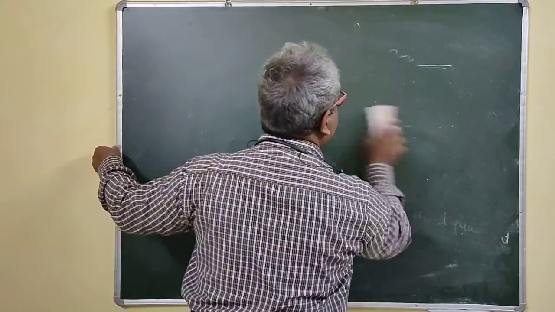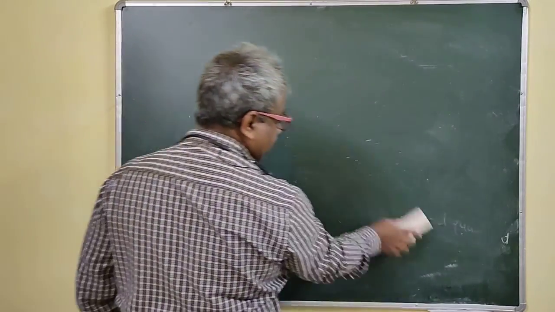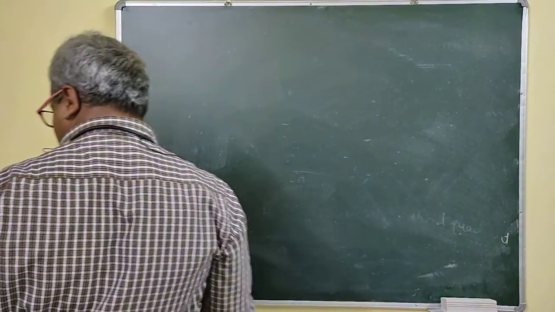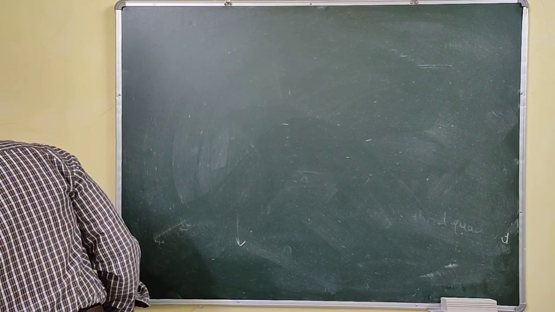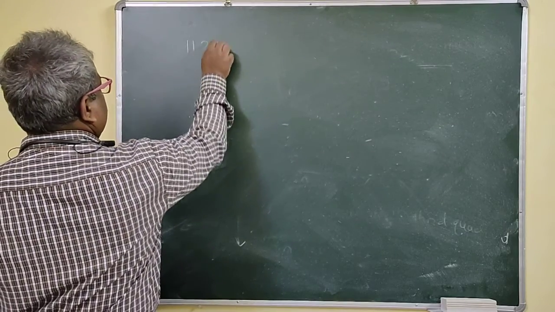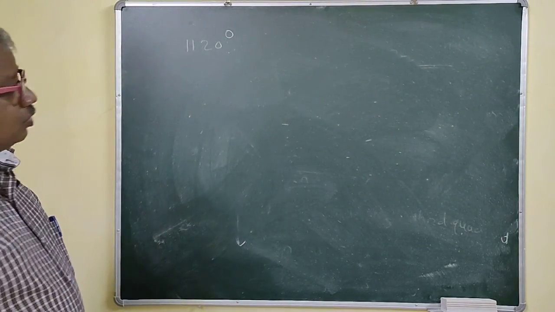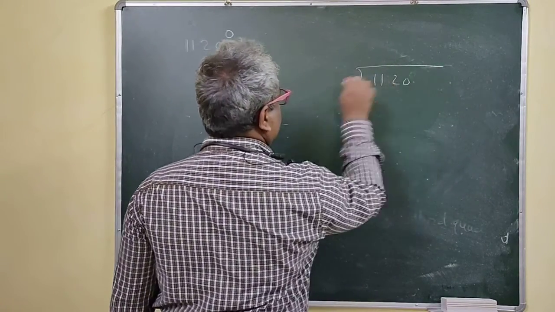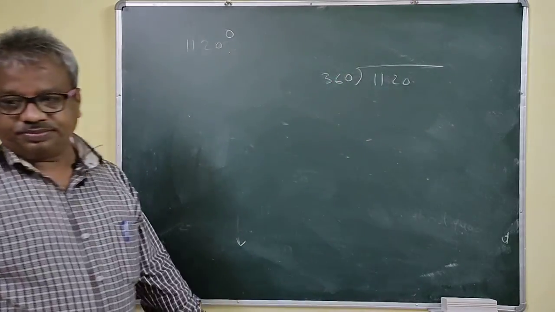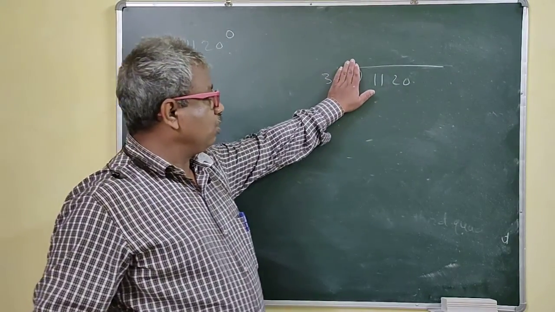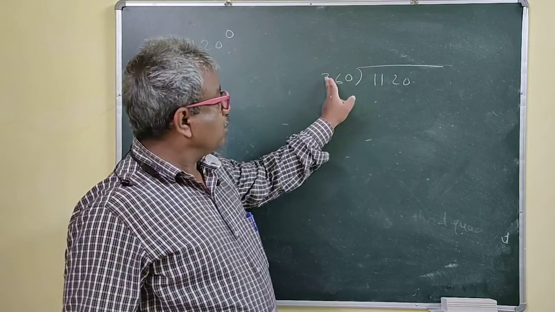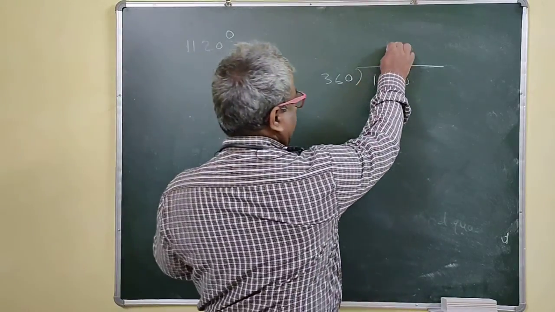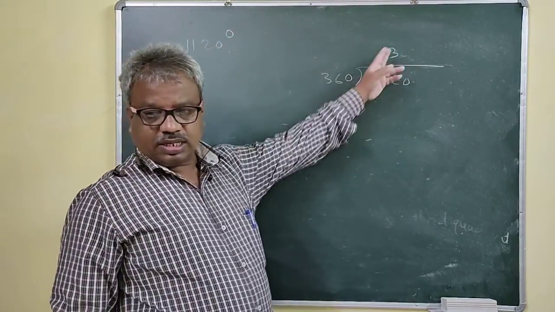If the angle is given in terms of radian, convert it or just divide by 2 pi, because one complete rotation is nothing but 2 pi. Now 1120 degree: how can we write it? Divide by 360. Try 3: 3 times 360 is 1080. If the multiplication is greater, reduce the number by 1.